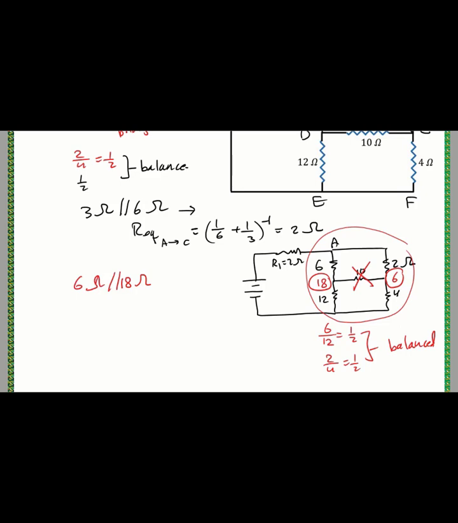This point is E. Then the equivalent resistance between A and E is 1 over 6 plus 1 over 18, all inverse. So I think it's 4.5.